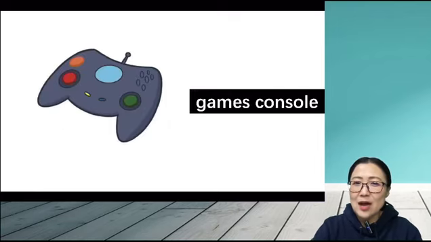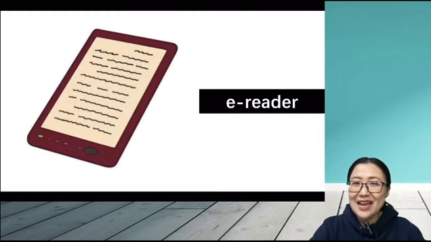And the next one, games console. Games console. Okay, we use games console when we want to play the games or the video games, right? 当我们在玩这个游戏的时候，我们会用到 games console.